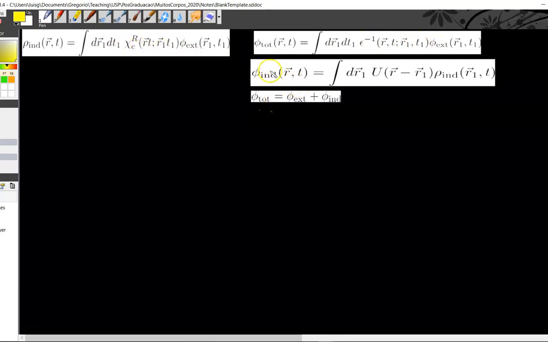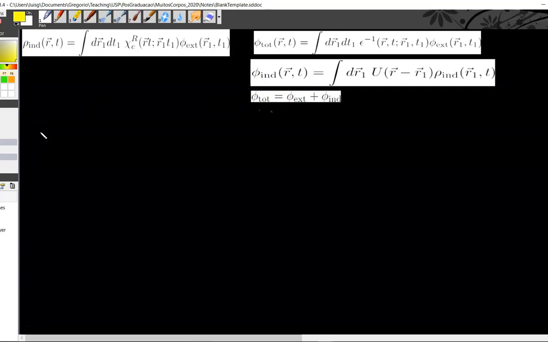We already have the induced charge density in terms of the external field, and we want to write this in terms of phi external, so that we have phi total in terms of phi external. So let's do this quick calculation here.